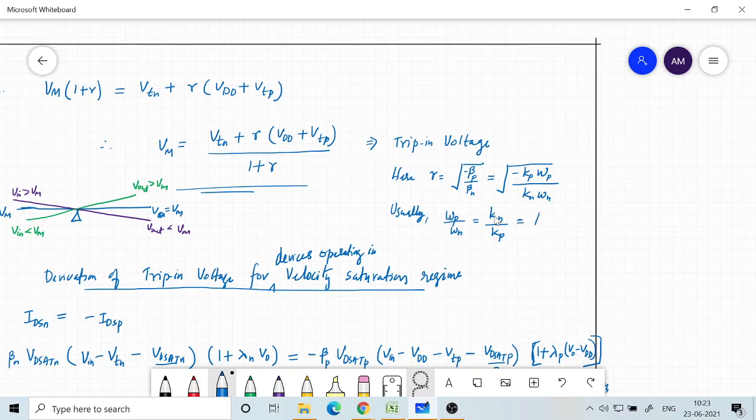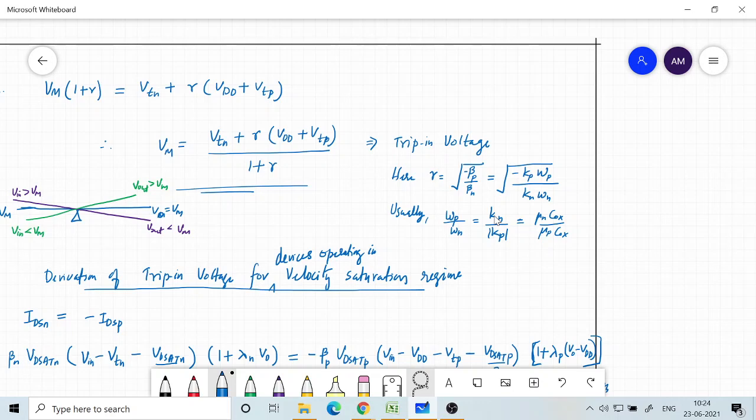Kn is basically mu n Cox, and this one is mu p Cox, with modulus. Cox is usually the same, but mu n, the mobility of electrons, is roughly 2.5 times larger than the mobility of holes. Okay, so that is why.